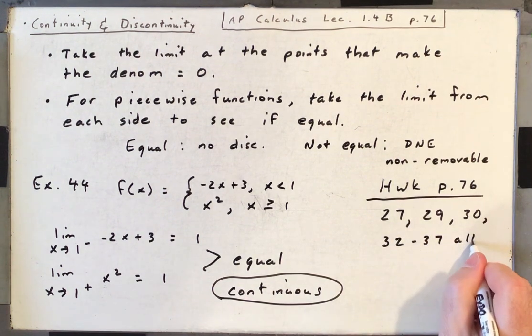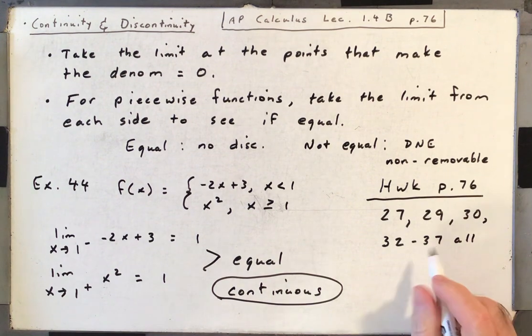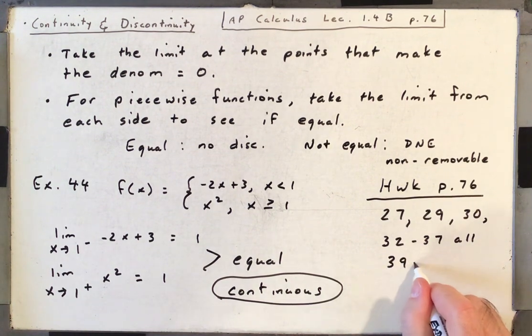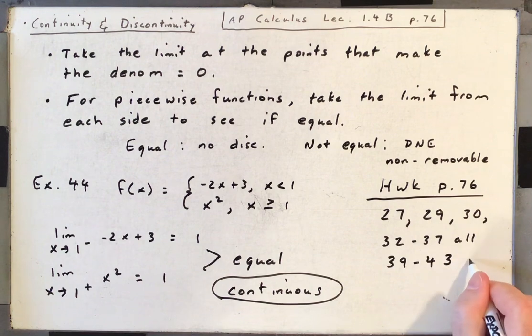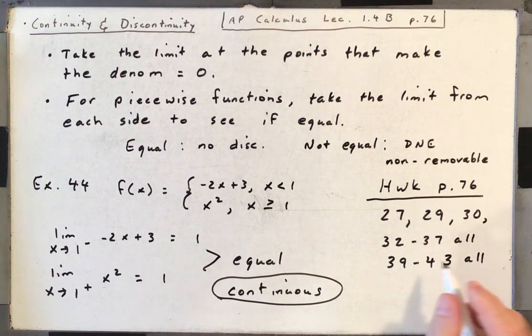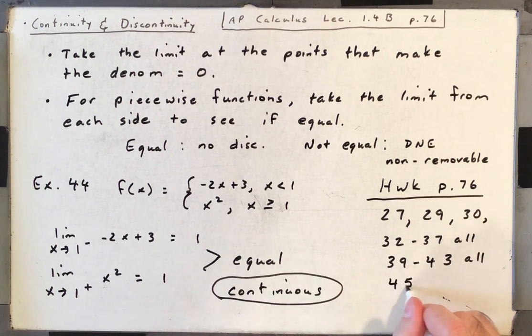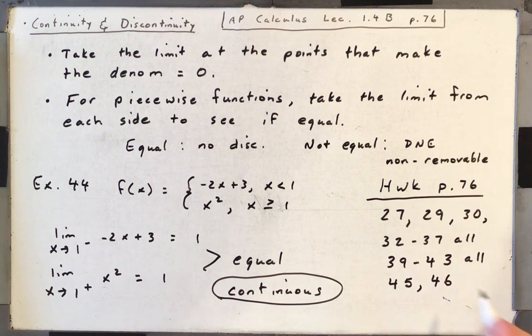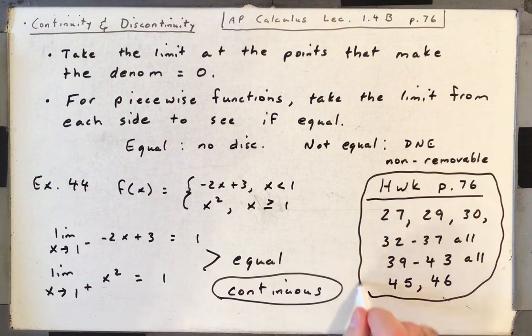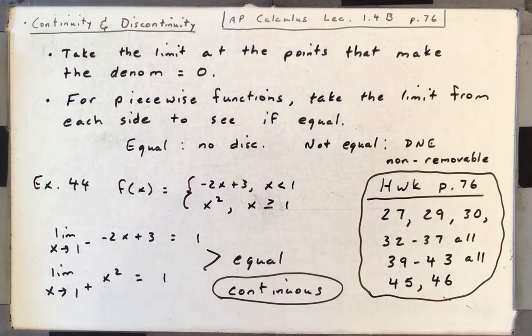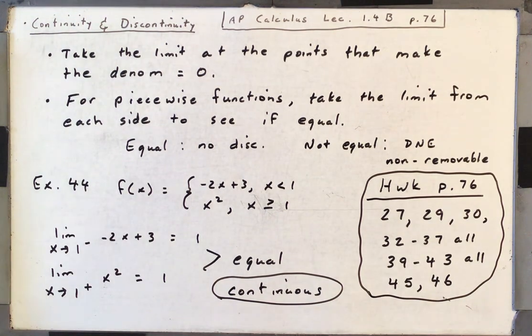Do all of those, not just the odds. 39 through 43, and 45 and 46. It shouldn't take you too long. Some of these are graphs and you can just easily read them. So good luck on that homework, and I will talk to you on the solutions video.